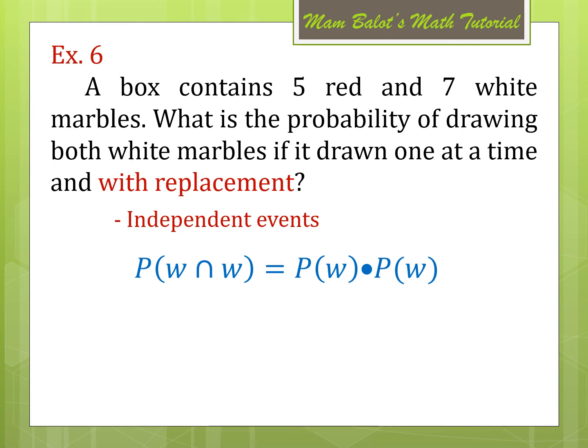Computing for getting white and then white, we have the probability of W intersection W, which is equal to the probability of W times the probability of W. The probability of getting a white is 7 over 12 times the same probability, also 7 over 12, which is equal to 7 times 7 is 49, then 12 times 12 is 144. So we have 49 over 144.